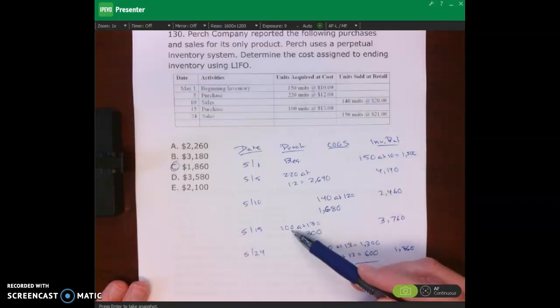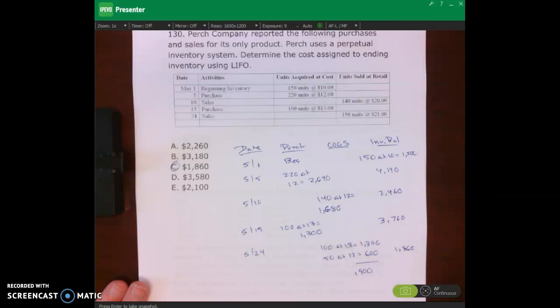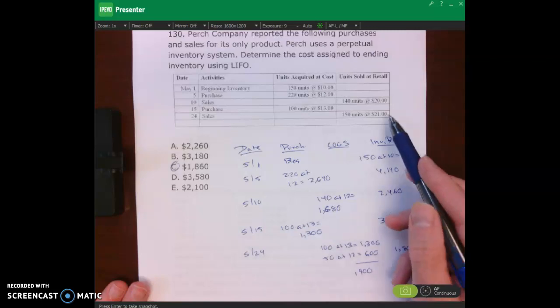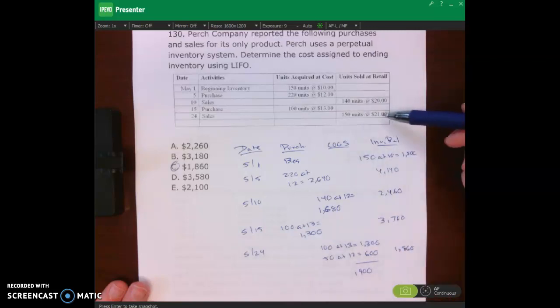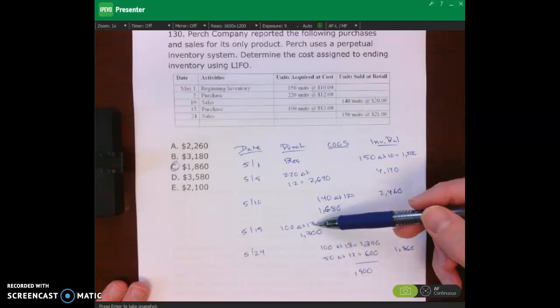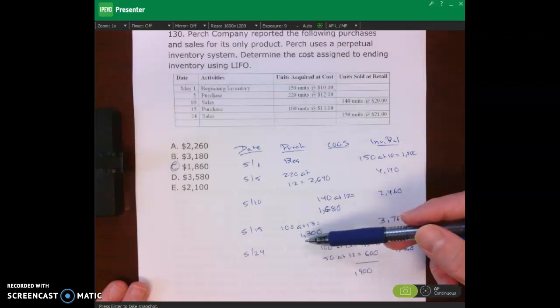On the 15th, we purchased another 100 at $13 for 1,300, plus the 2,460 from the 10th gives us an inventory balance on the 15th of 3,760. Then on the 24th, it says we sold 150 units. Remember up here where it says 150 at 21, that's the price. You have to figure out the cost using LIFO. So again, which ones did we sell? We sold all the ones at 13 because we were selling the newest inventory first.